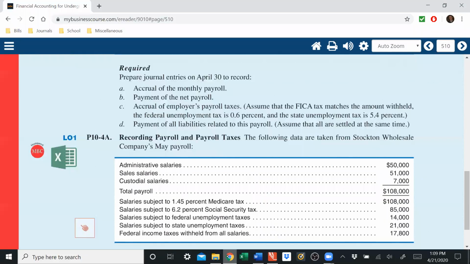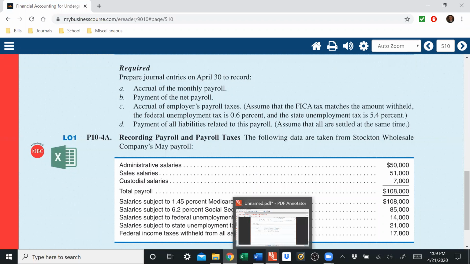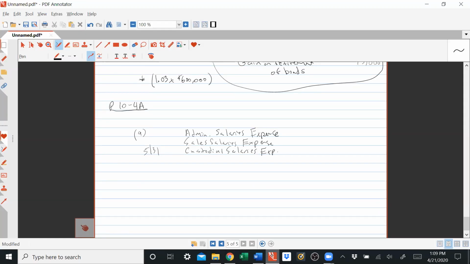And those are the three categories of salaries. So we're putting this all in one journal entry. You don't have to do it in one journal entry, but may as well. So that's $108,000 debited. What are our credits?